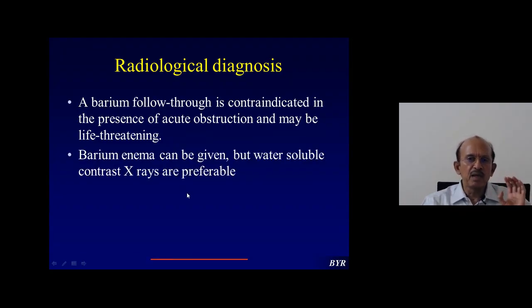Barium enema can be given because you are giving barium through the distal limb, distal to the obstruction. So you give barium, study it, and then give a washout. All that barium will come out. So barium enema can be given, but even in that case, if there is a small partial obstruction, the barium sulfate can go into the partial obstruction and make it into a complete obstruction.